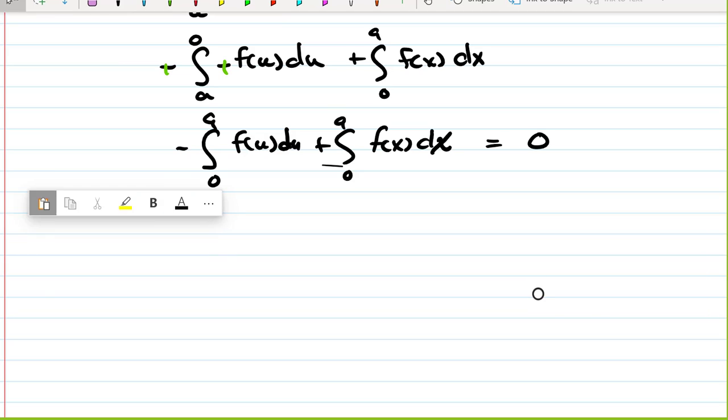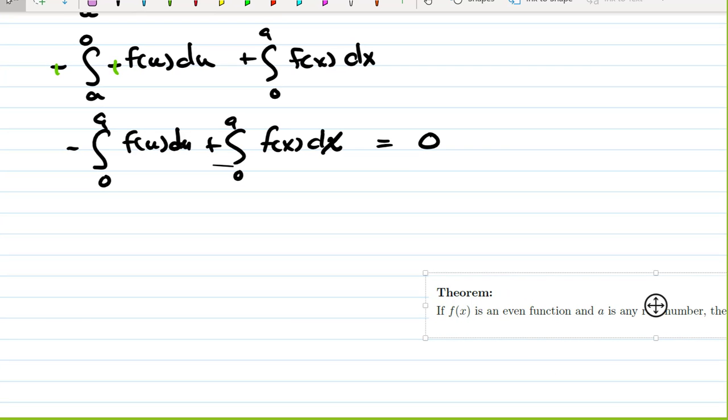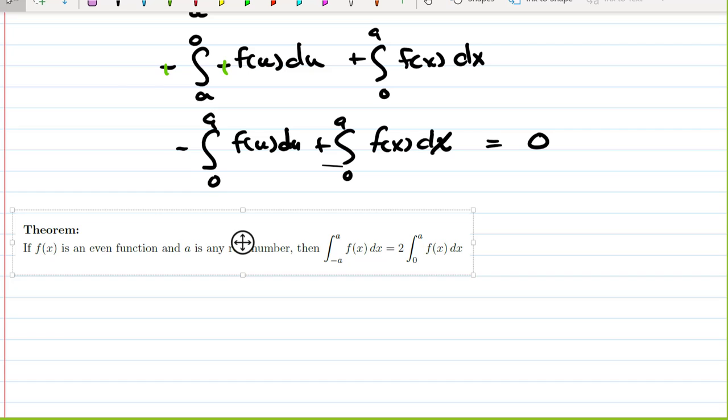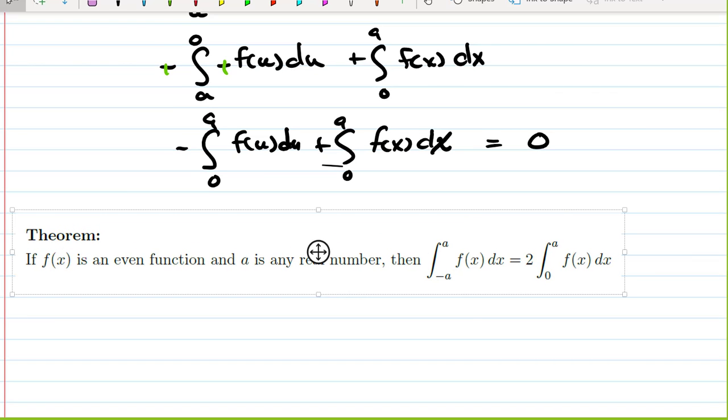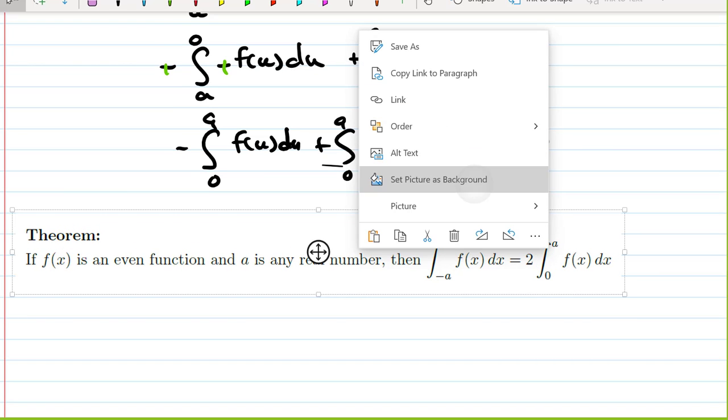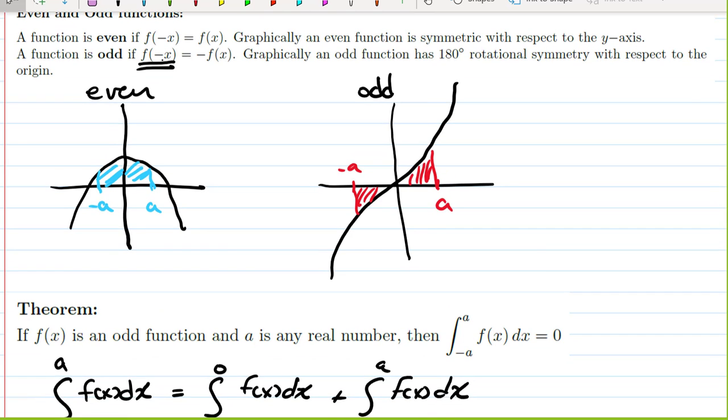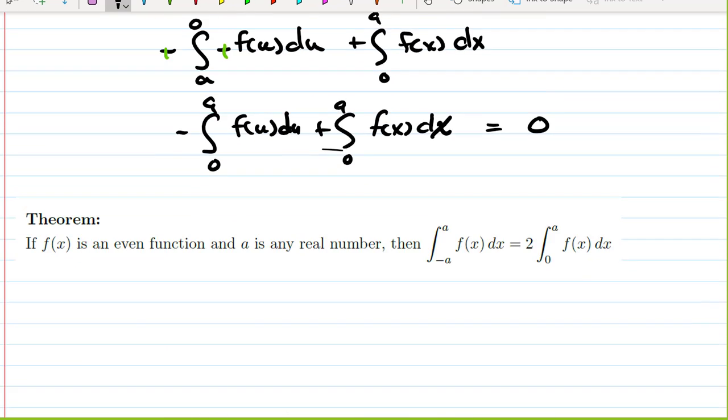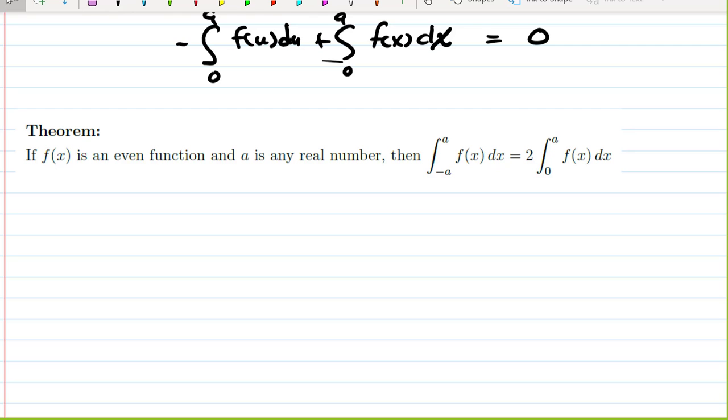So in this case, what happens when a function is even, instead of getting 0, as we saw in the picture, this area and this area is the same, so I could just calculate the integral from 0 to a and then multiply it by 2, which is exactly what our theorem says.